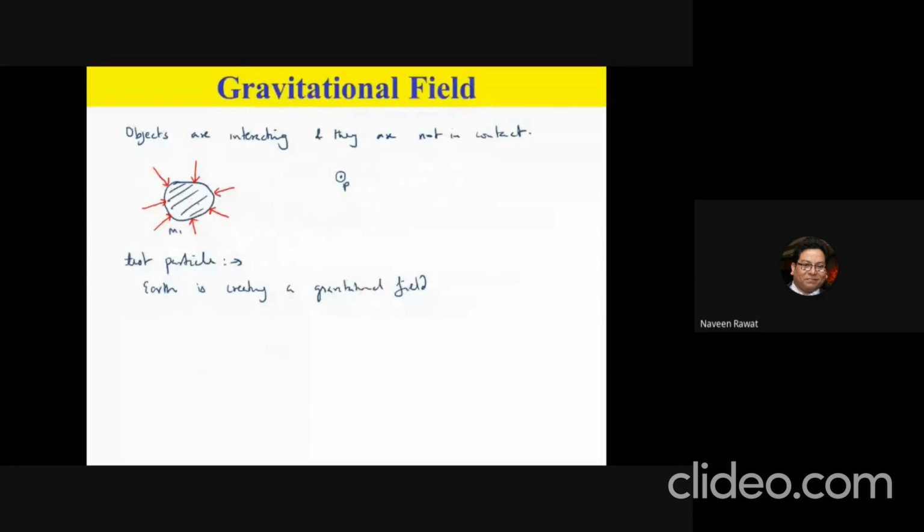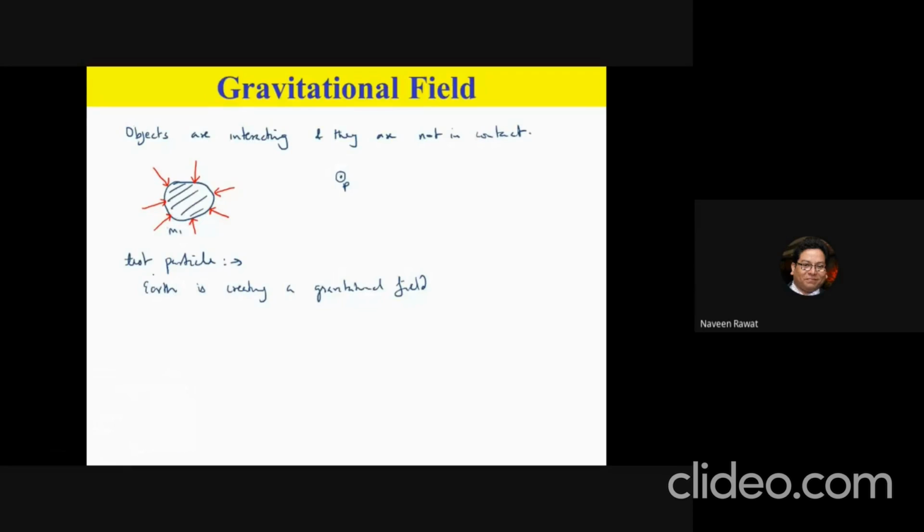So we can imagine that there is a field existing around earth. Why? Because of the mass of the earth. And this field is going to cause any object that comes in the vicinity of this field to go towards the center of the earth. So what we are trying to say is that the object that is being attracted doesn't matter.